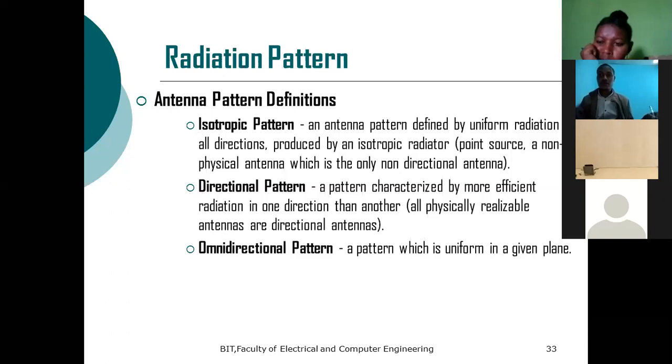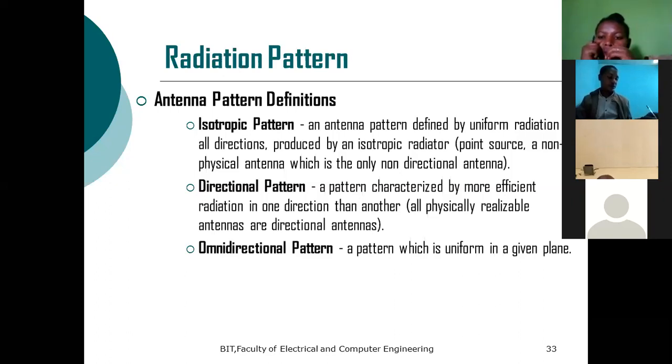Whereas an isotropic antenna shows uniform electromagnetic radiation in all directions, but which is not realistic.